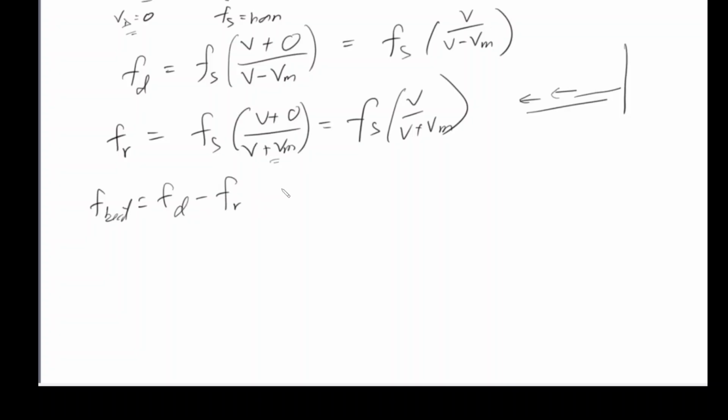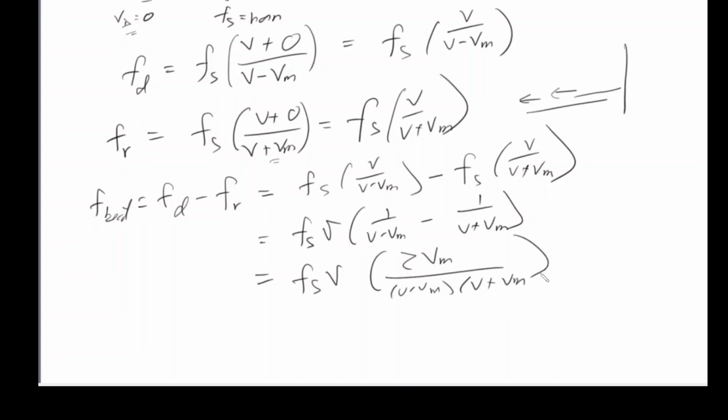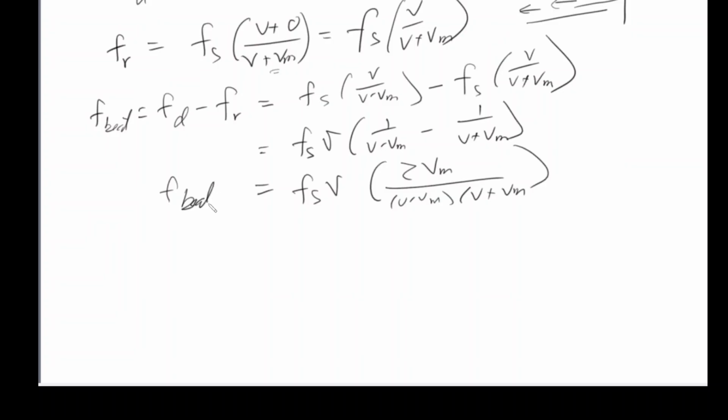So if we put these in, we get Fs of V over V minus Vm minus F of the source times V over V plus Vm, which equals Fs times velocity of sound times 1 over V minus Vm minus 1 over V plus Vm, which, if you go through the algebraic maneuvers, you get F of S times V times 2 times the velocity of the man over V minus Vm times V plus Vm. And again, this is the beat frequency.